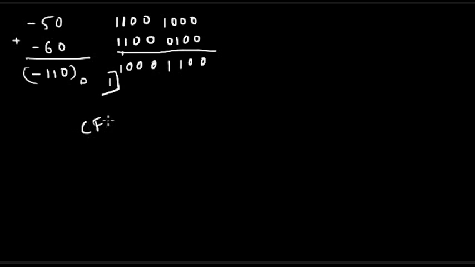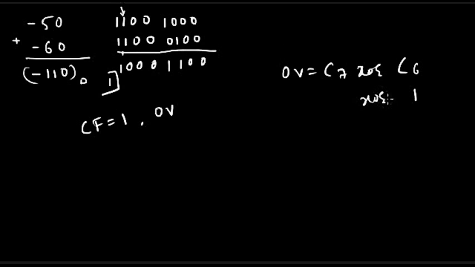So here the carry flag is set to 1, and the overflow flag is C7 XORed with C6. If we look at C6, yes, there is a carry out from bit position 6. And if we look at C7 for bit position 7, yes, there is again a carry out from bit position 7, which is 1, and 1 XORed with 1 is 0.